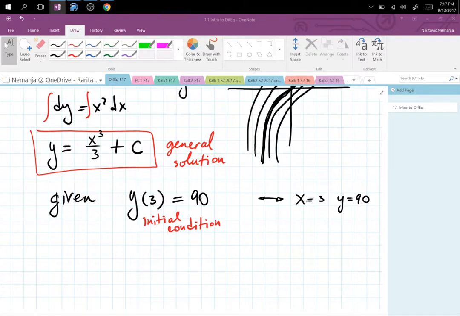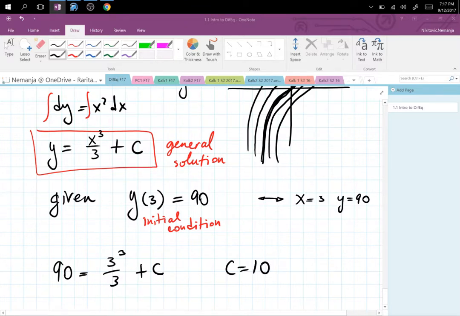So 90 is equal to 3 cubed over 3 plus c. So c is 10, right? Oh no, it's not 10. It's 81. Is it 81? Yeah, nice. That's what I said. Please pay attention.